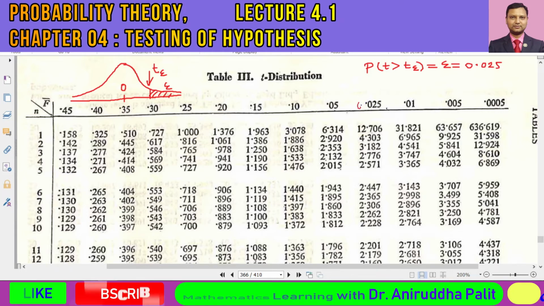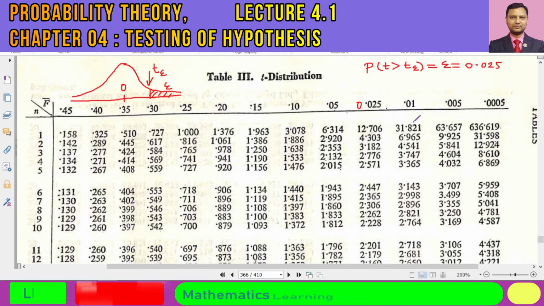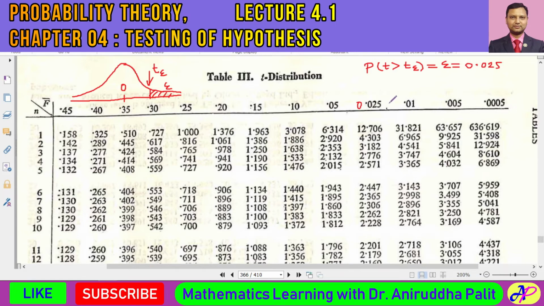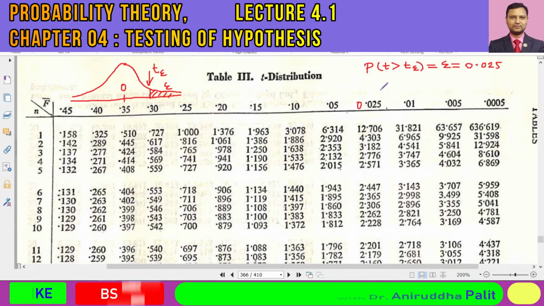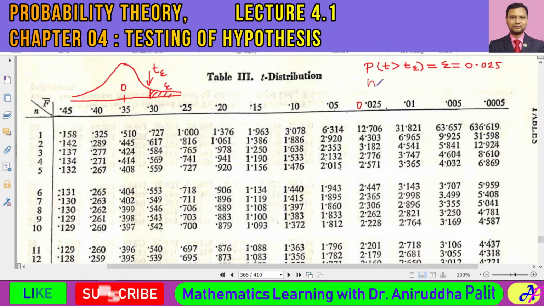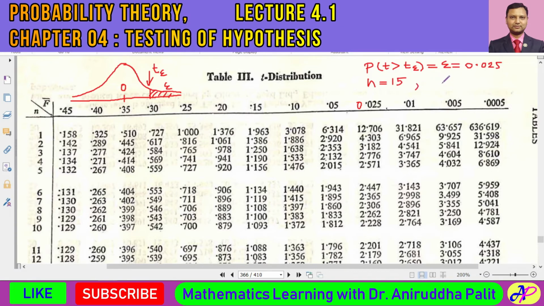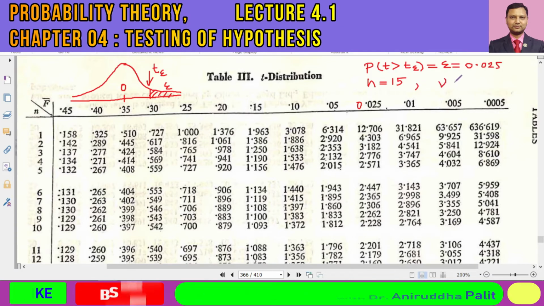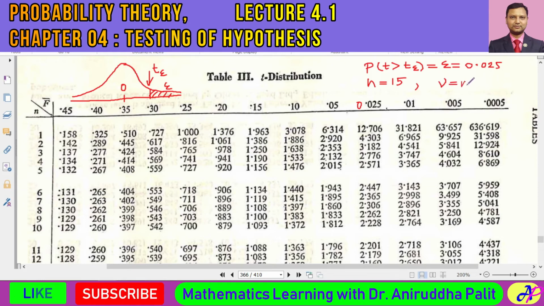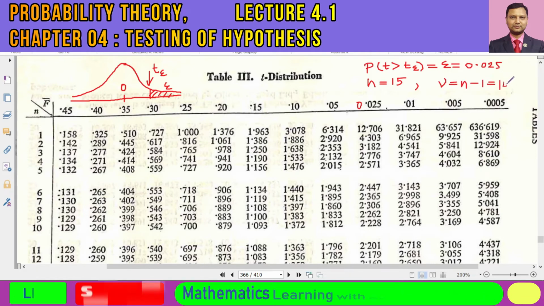Okay, so you shall have to identify this column. Now once the sample size n is provided, suppose in the previous example the sample size n is equal to 15. So over here the degrees of freedom nu would be equal to n minus 1. So nu would be equal to 14.